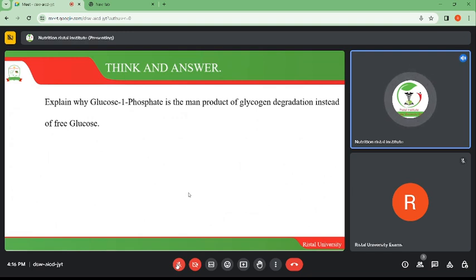The answer comes from the degradation: the longest chain of our glycogen molecules is broken down by phosphorylase and forms glucose 1 phosphate, and the only glucose molecules formed are those which are released from the branch point.